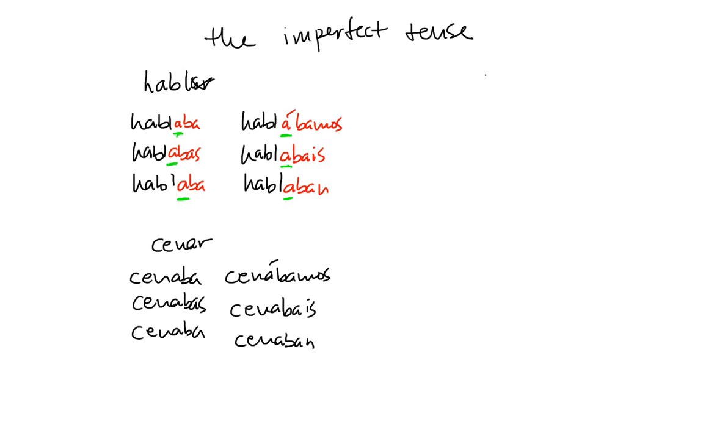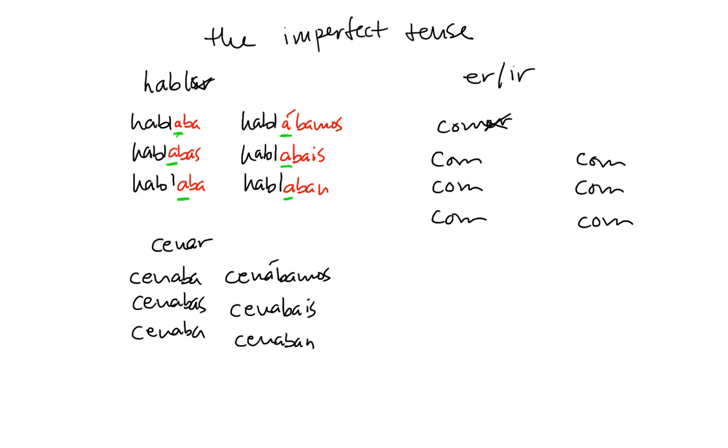Okay, for ER verbs and IR verbs, we have the same endings. Say the verb is comer, drop the ending, take the root. And add the following endings.